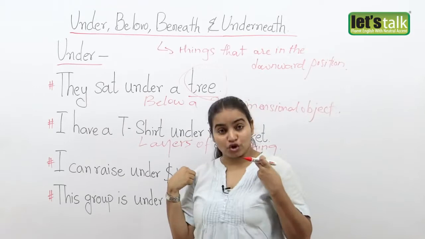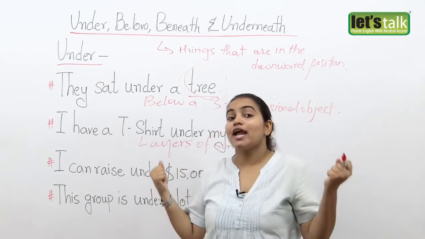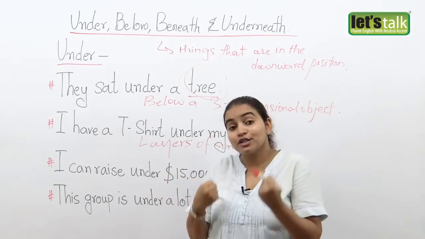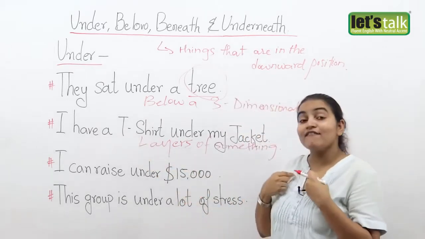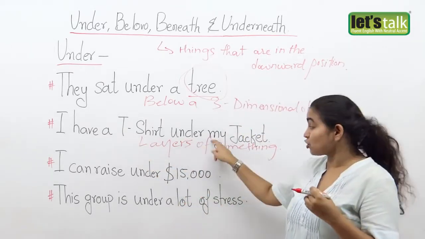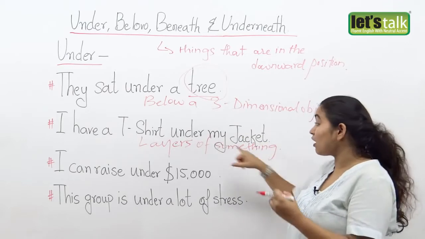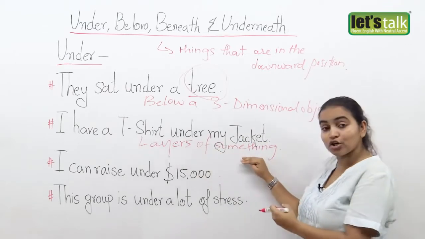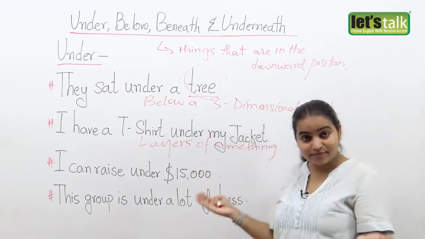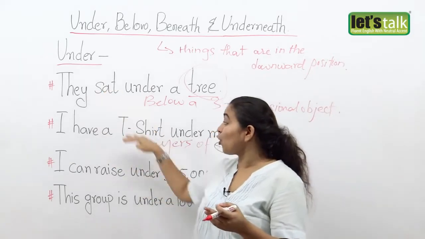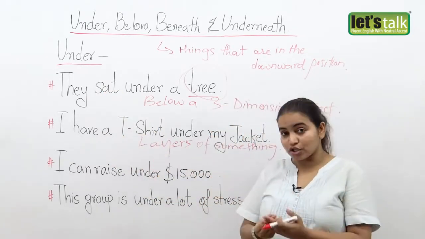So this is a shirt. Now imagine if I was wearing a jacket on top of it. I could say that I have a shirt under my jacket because I am talking about layers of something. Okay, so we use under also when we're talking about layers.